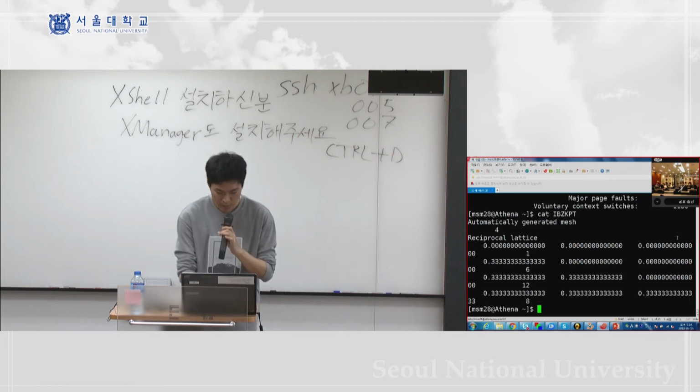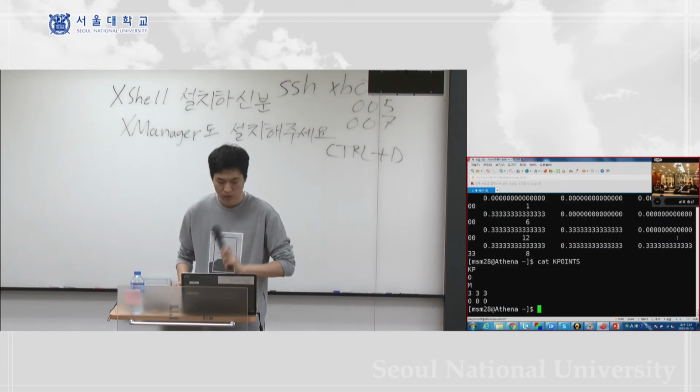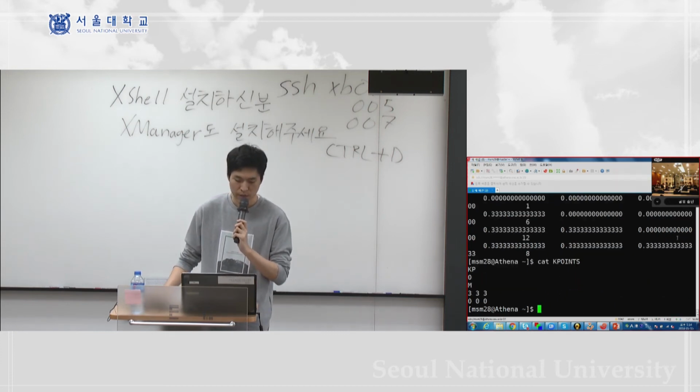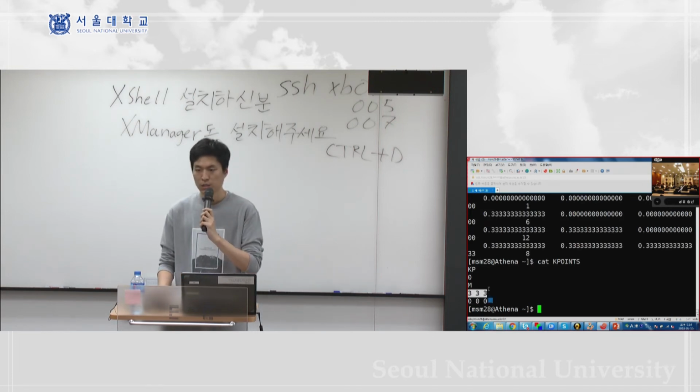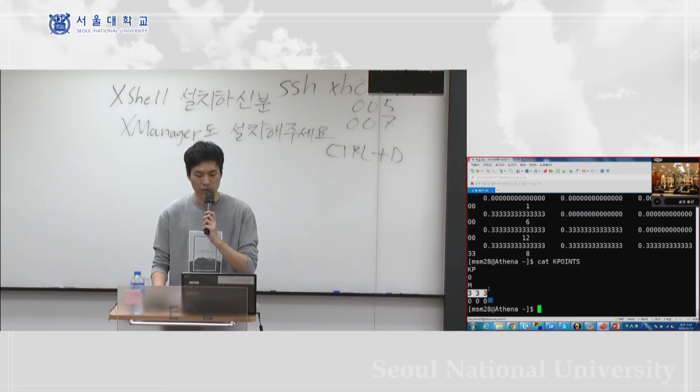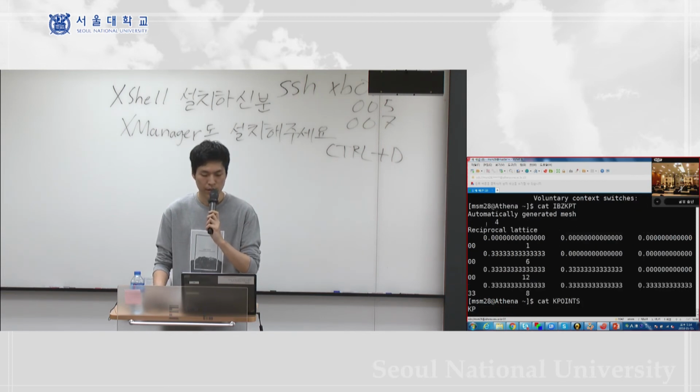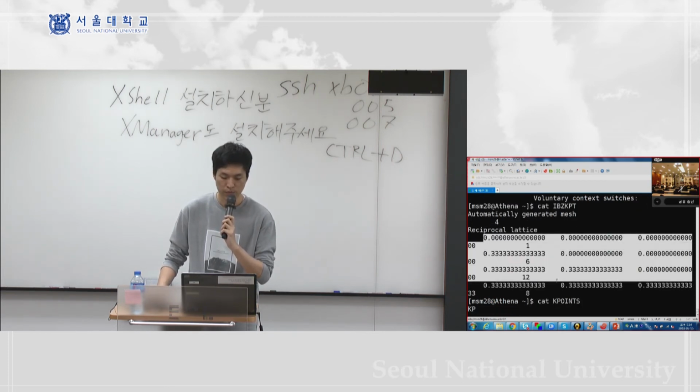So in the KPOINTS file, we specify a 3 by 3 by 3 grid. So that will be 27 kpoints.